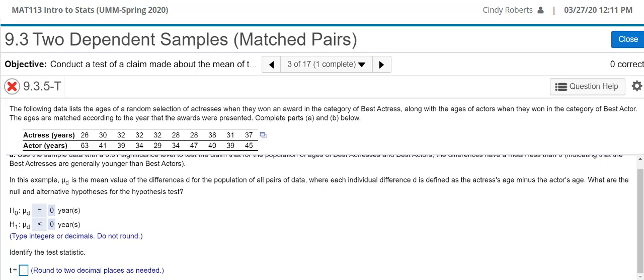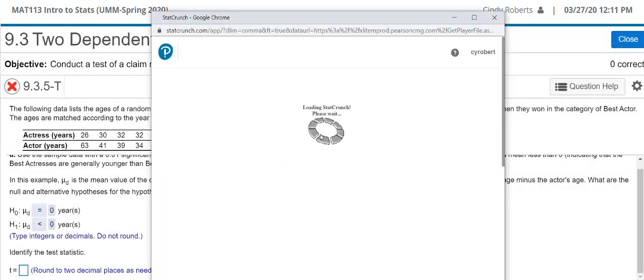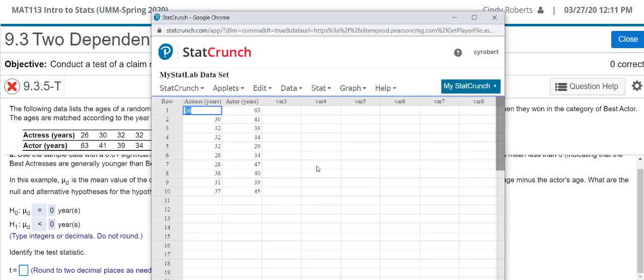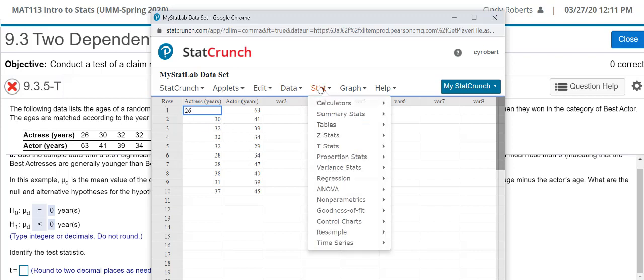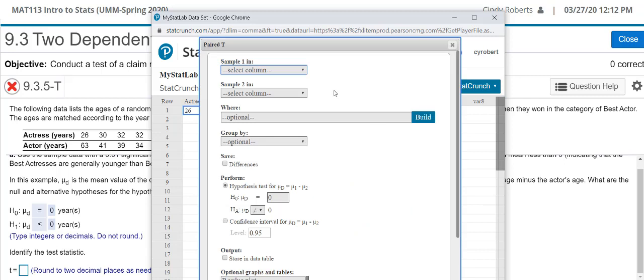Now it wants me to find the test statistic, and it tells me this is a T, but again, I have to realize this is matched data. So I open this up in StatCrunch because it's way easier. Notice I clicked on the side so I don't have to type all the values in. I go to Stat, T, paired. Matched and paired mean the same thing.